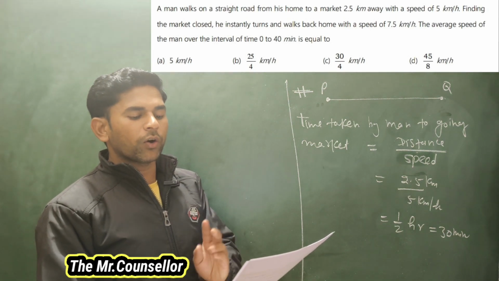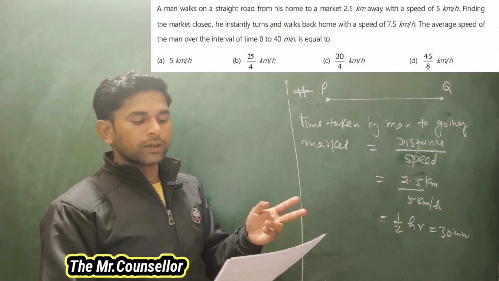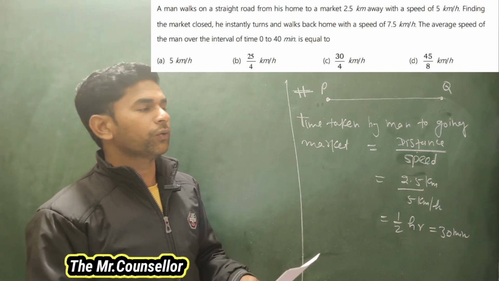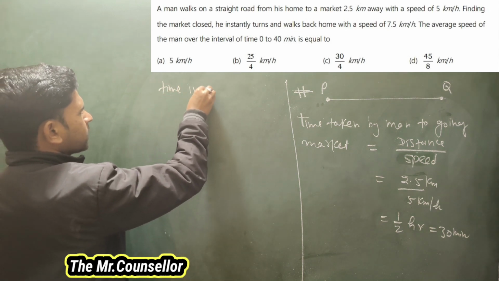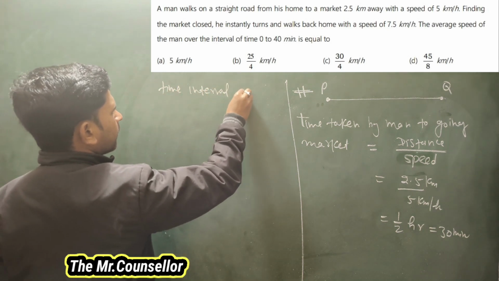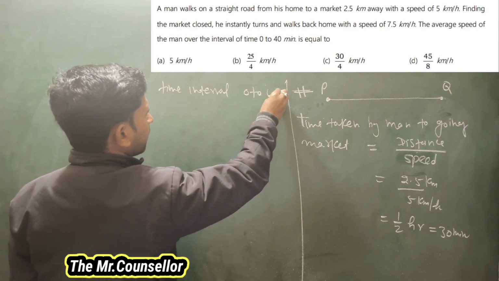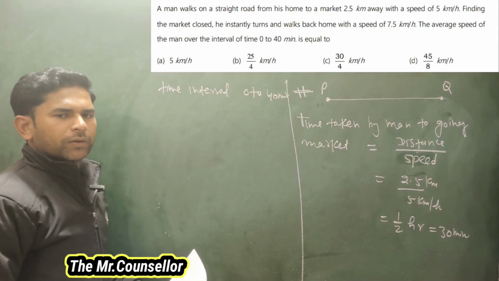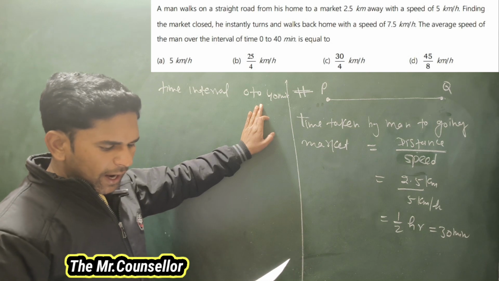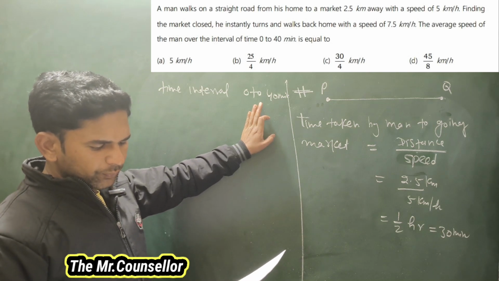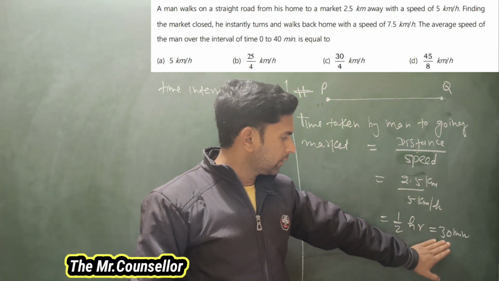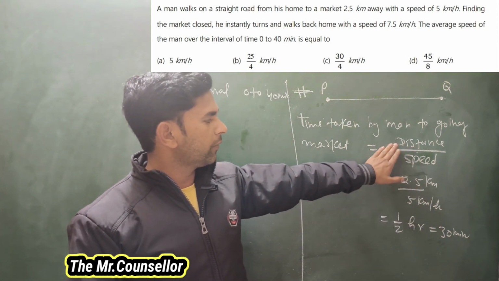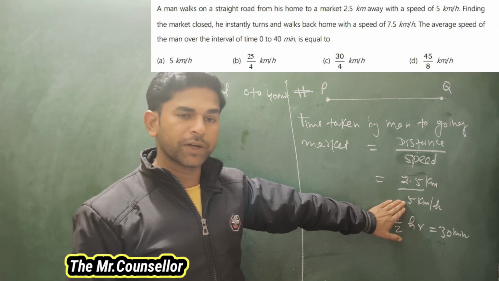After this, what does the next journey say? According to the question, the time interval given is 0 to 40 minutes. Time interval 0 to 40 minutes. And here he takes 30 minutes to cover the distance with this speed.